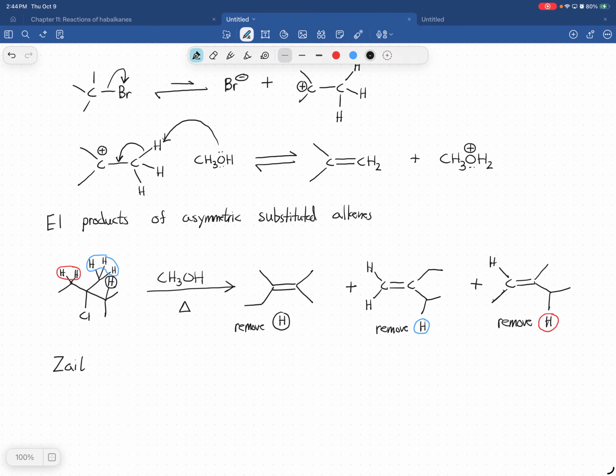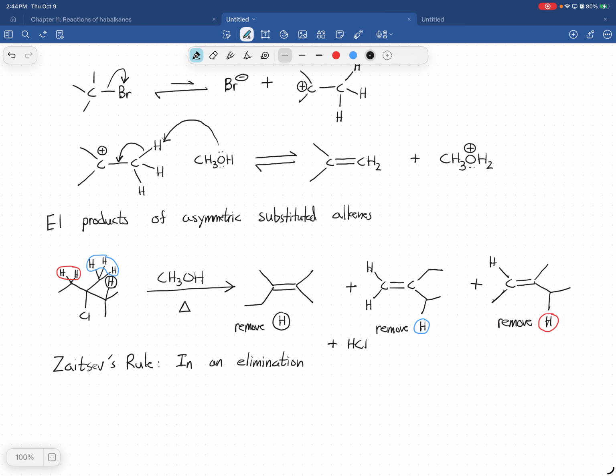So Zaitsev rule. All right. So what is Zaitsev's rule? All right. In an elimination reaction, all right. So in here, what we get is plus HCl.